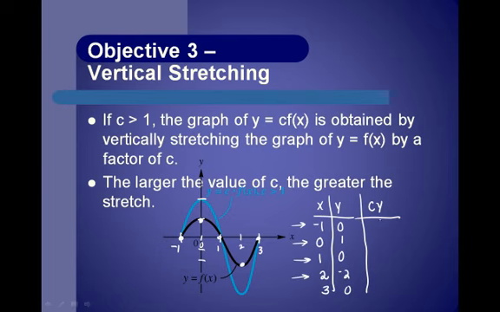Well, if our new function is c times f of x, or c times the y value, in this one it looks like that c is 2, so that would be 2y. So x equals -1 would be 2 times 0, or 0.